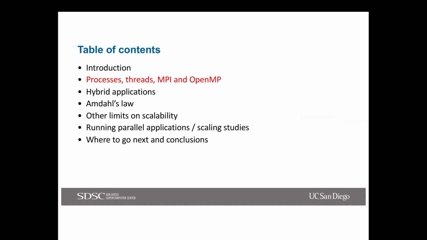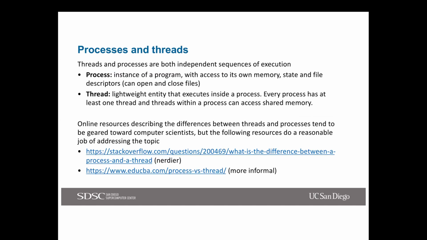Yeah, so processes, threads, MPI, and OpenMP. The most fundamental definitions when you start talking about parallel applications, or really trying to understand what's happening when you run an application on one of these systems, or even your system at home, is the difference between processes and threads. A process is an instance of a program.